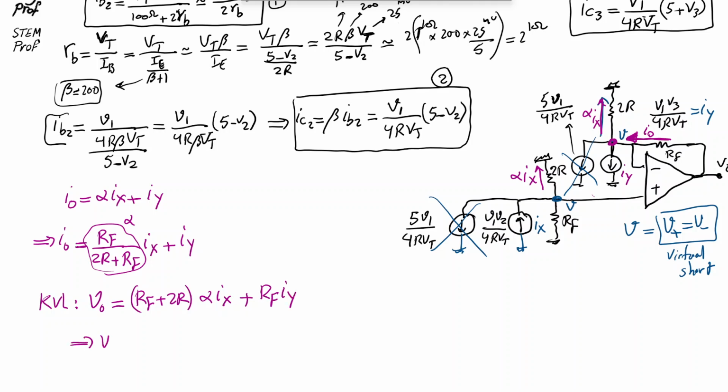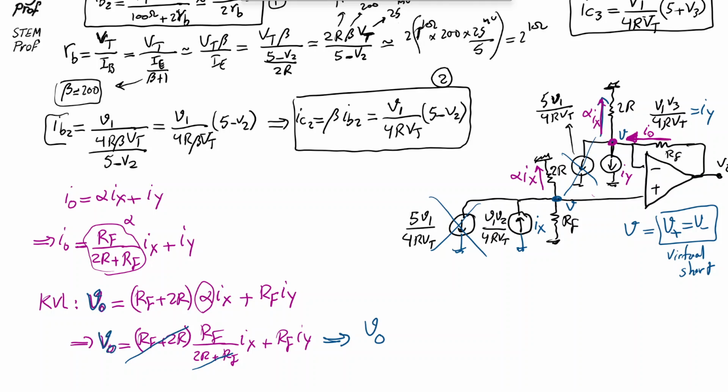So in conclusion, we have Vout equal to RF plus 2R, and then, substituting for alpha, RF divided by 2R plus RF times IX, plus RF IY. Well, we are almost there. The 2R plus RF cancels out, and therefore you can easily see that we get Vout equal to simply RF times the sum of IX plus IY.